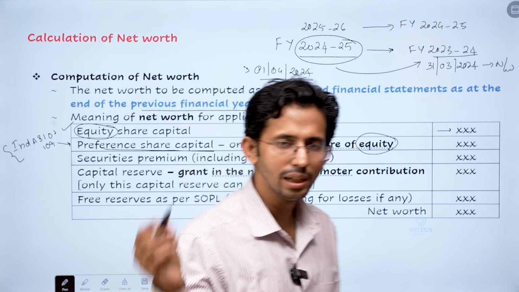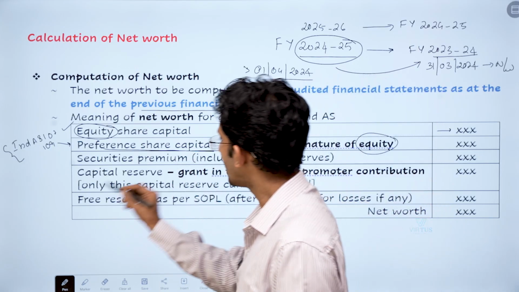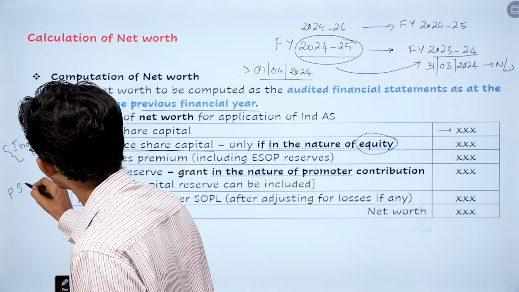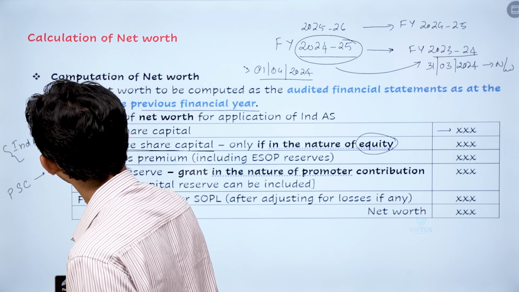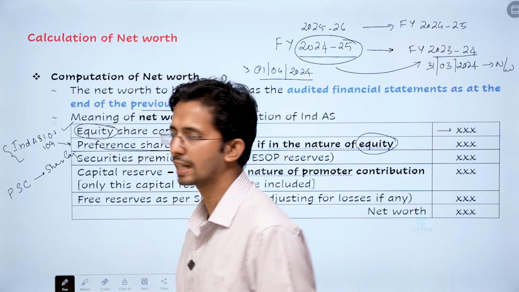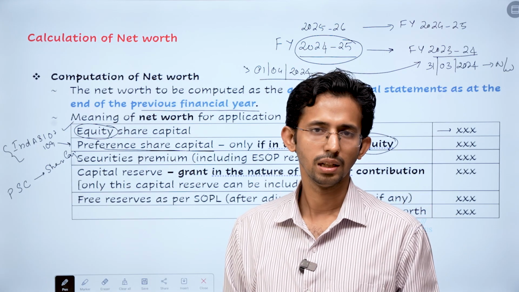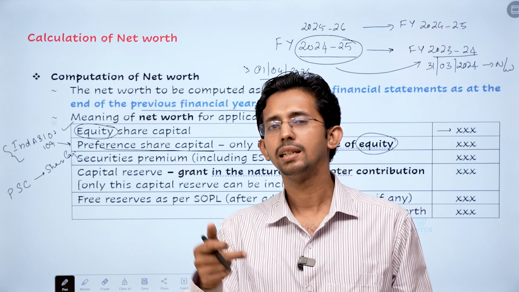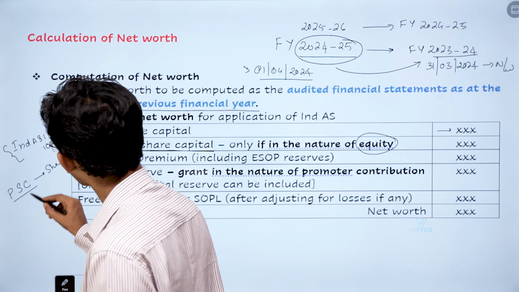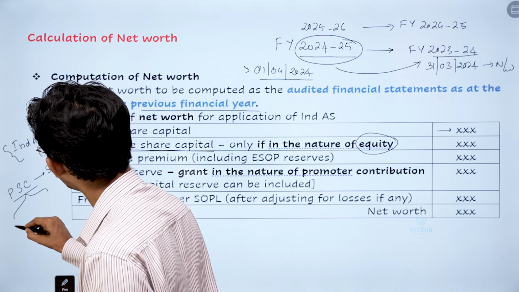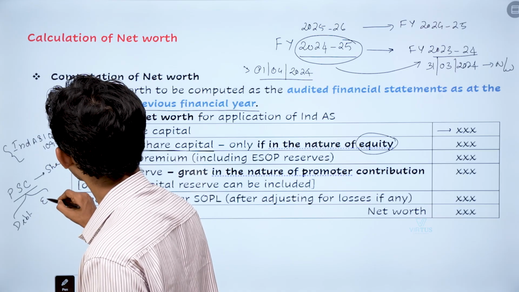And while you learn about financial instruments, we will come to know that preference share capital need not always be share capital. You know that preference share capital gives a preference to the shareholders in the payment of the dividend as well as in the payment of the principal. But sometimes this preference share capital has the nature of a debt component, or it can have the nature of an equity component.